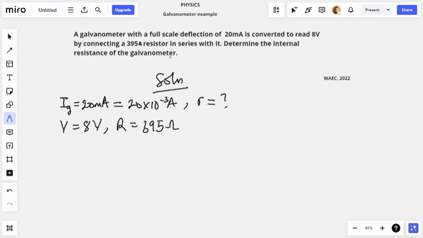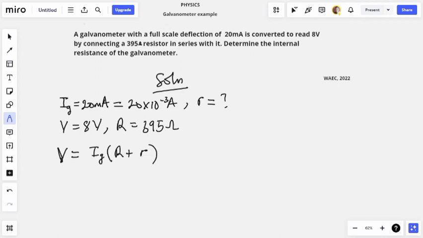From our previous video about galvanometer conversion to voltage, the voltmeter reading equals the galvanometer current, I subscript G, times the bracket of the external resistor, or multiplier resistor, you call it the series resistor, plus the internal resistance of the galvanometer.